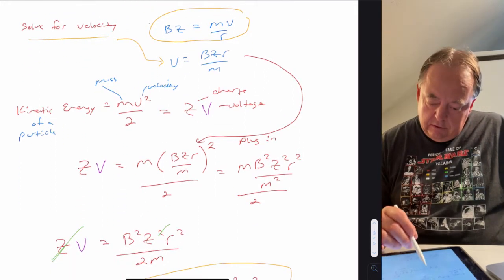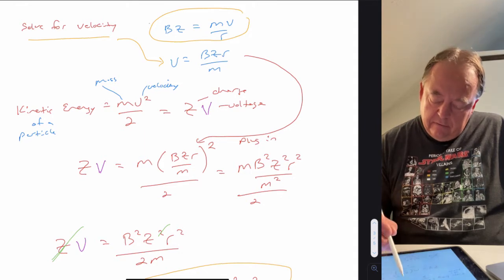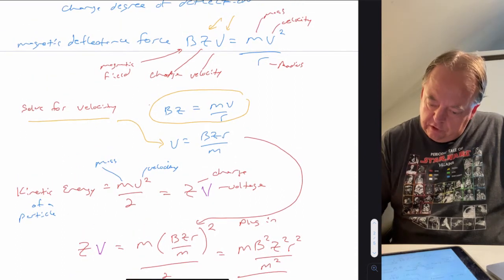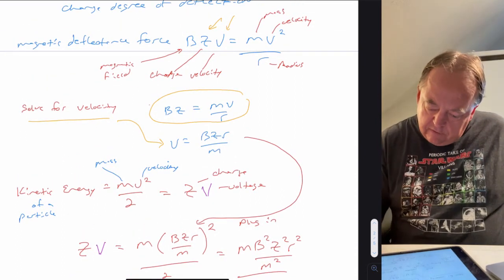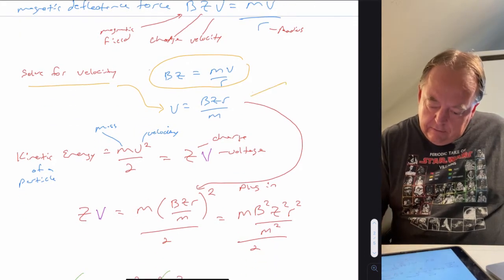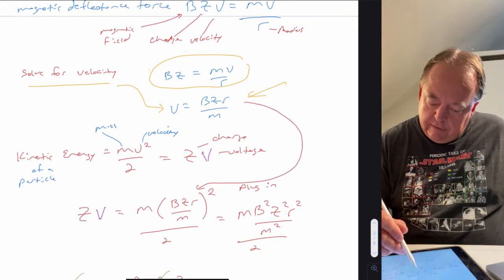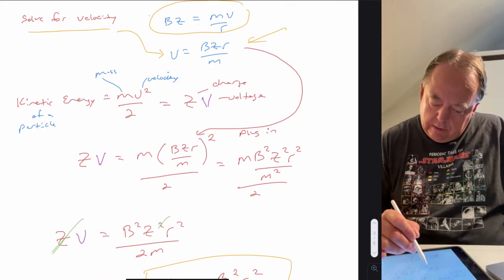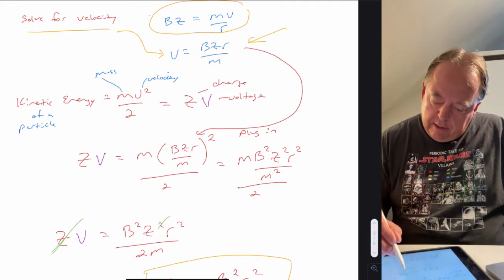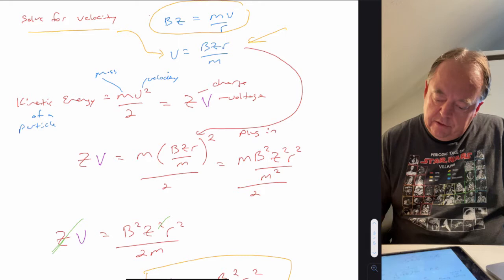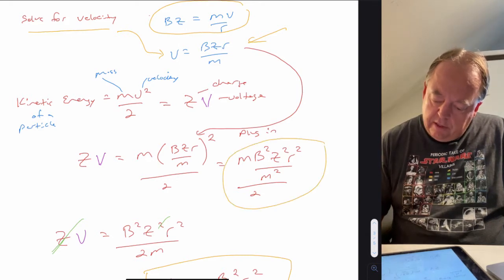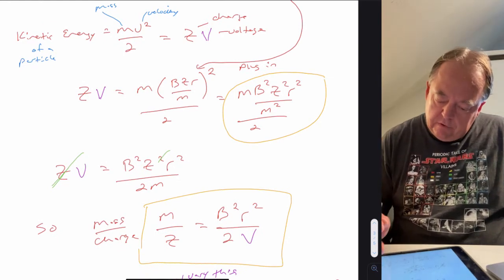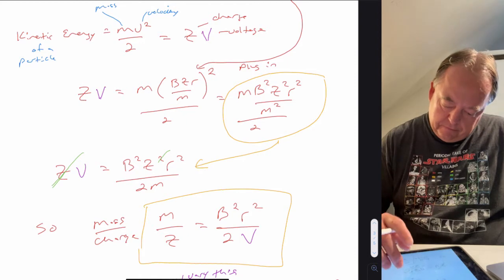So if we take this equation, ZV, charge times voltage, and substitute the velocity we solved for into mv squared over 2, then charge times voltage is equal to mass times velocity squared, divided by 2. If we square everything, one of the masses will cancel out, which simplifies the equation to this.